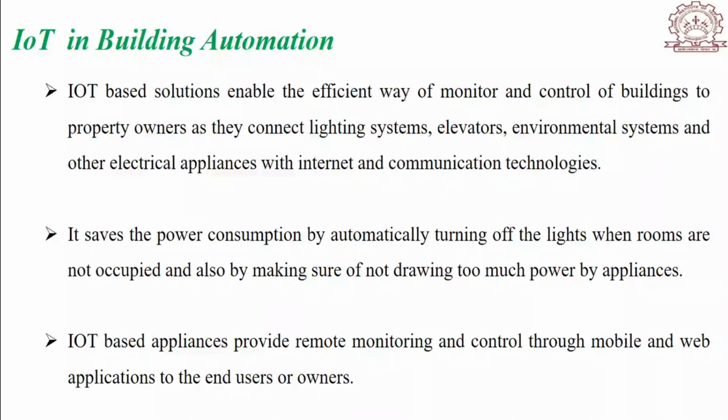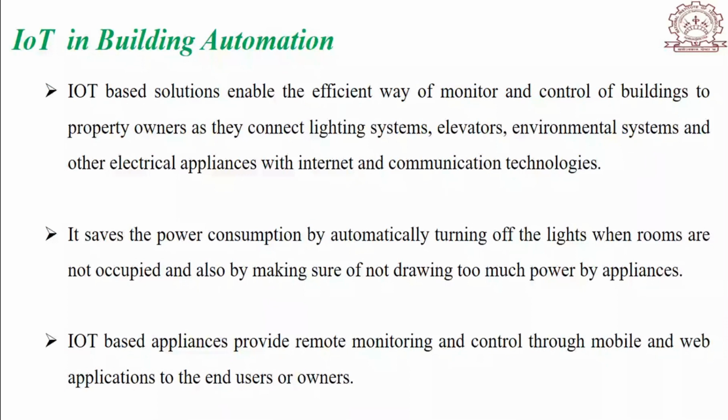So IoT is implemented in building automation also. IoT based solutions enable an efficient way of monitoring and controlling buildings for property owners, as they connect lighting systems, elevators, environmental systems, and other electrical appliances with ICT or IoT.